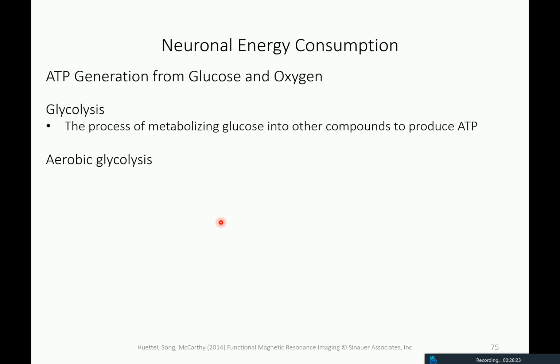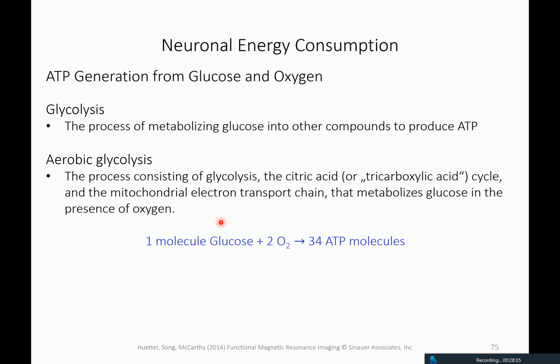And there are these two forms of glycolysis. It's especially interesting if you do fitness or sports, then it's all about aerobic and anaerobic. So the aerobic glycolysis is the one that actually uses oxygen.